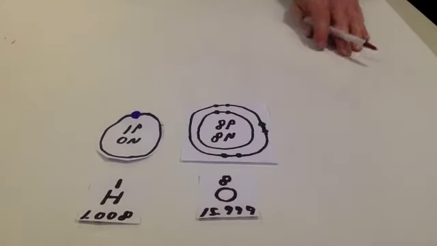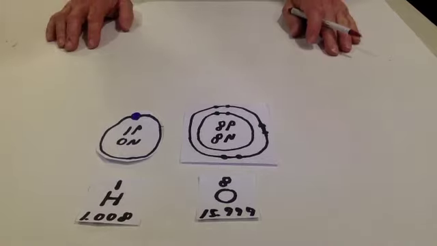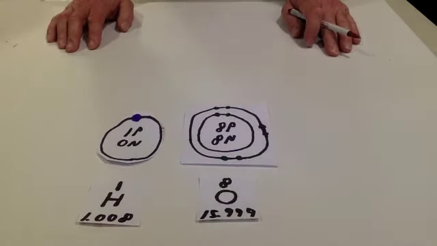But we need 8 to complete that outer shell. So we need 2 more electrons to fill that outer shell in oxygen. So oxygen is also unstable and will react with other atoms to form chemical bonds in an attempt to fill its outer shell.